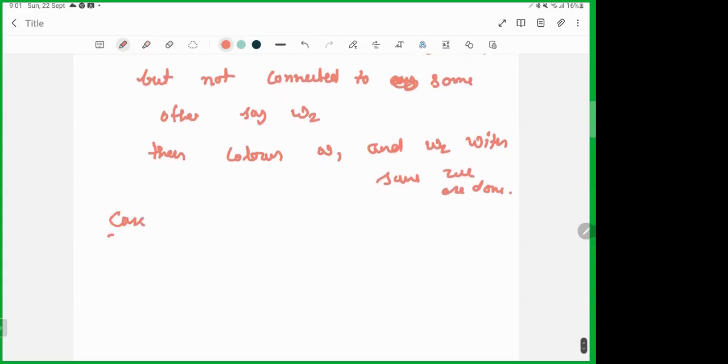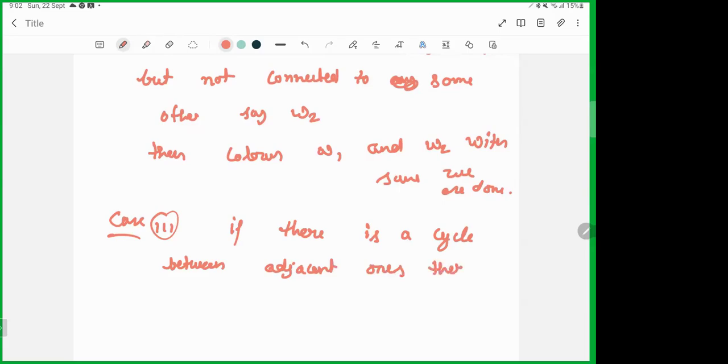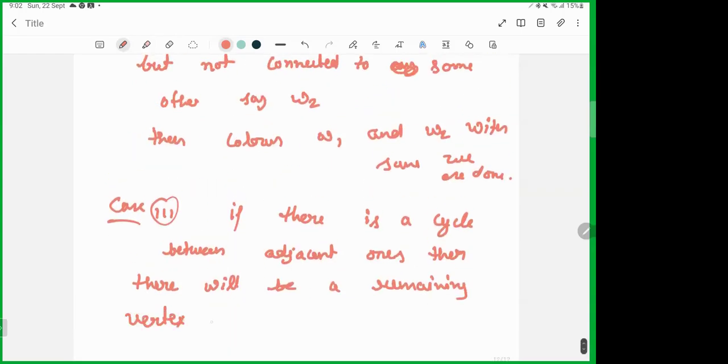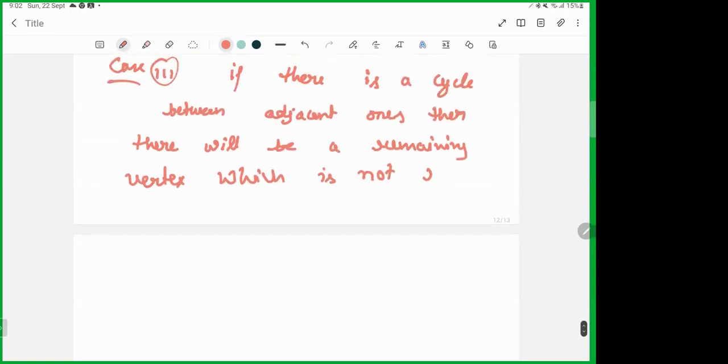Case 3, we have to write similar cases. If there is a cycle between adjacent ones, then there will be a remaining vertex which is not connected to any other.